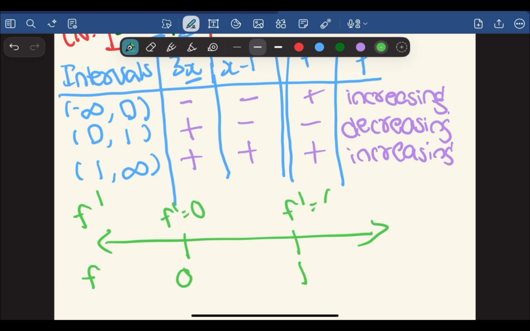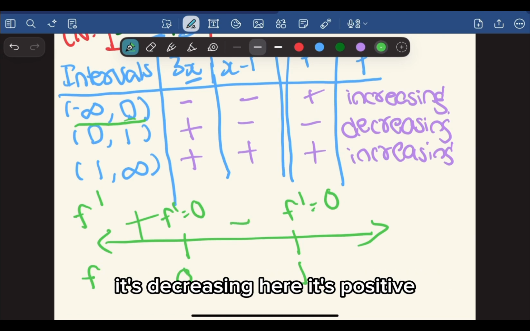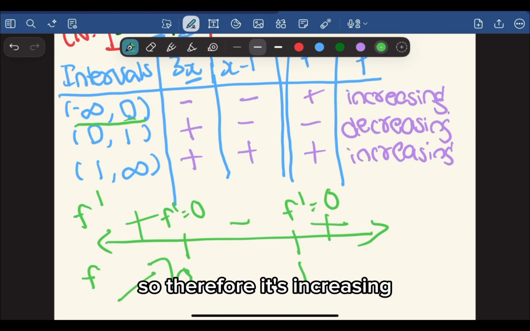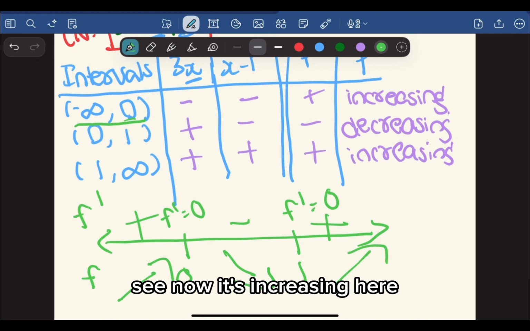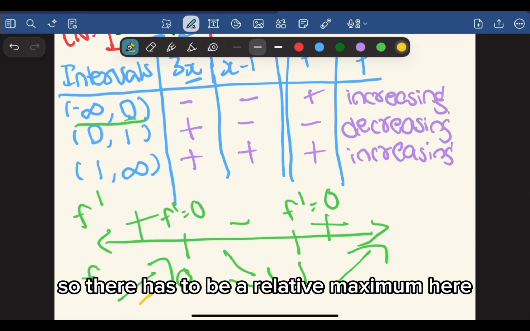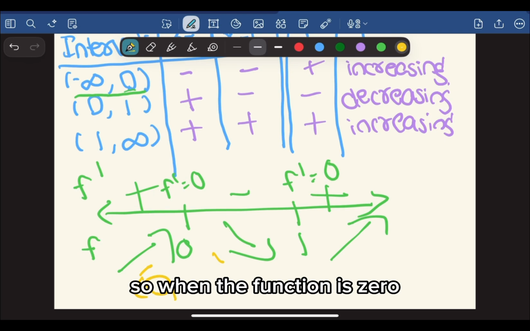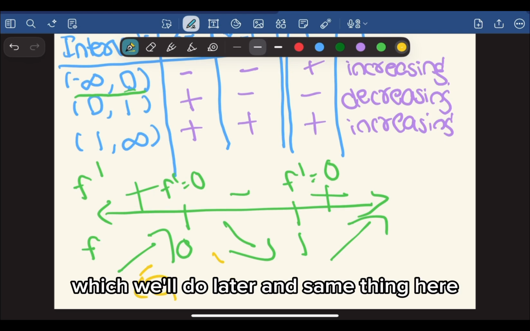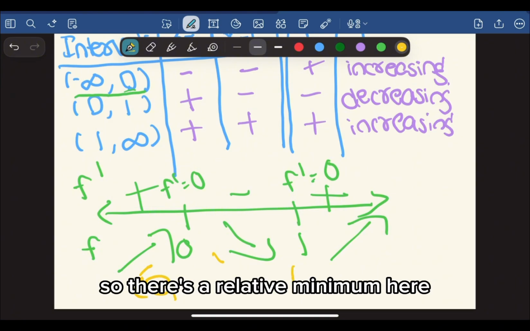From negative infinity to 0 it's increasing, here it's decreasing, and here it's increasing. It's increasing here and decreasing here, so there has to be a relative maximum here. And here it goes from decreasing to increasing, so there's a relative minimum here.